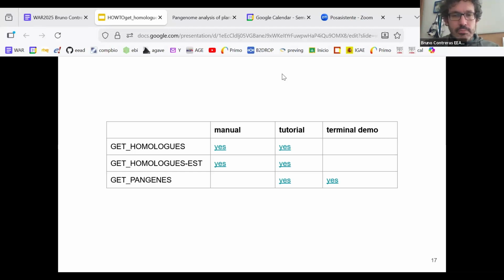In particular, Pablo Vinuesa, my colleague and co-author of Get Homologs, and me have been updating the manuals of Get Homologs for years. And I think that's one of the reasons that the community have been using this software a lot. And so the manual and the tutorials will show you how to start from scratch and how to analyze the data, okay?